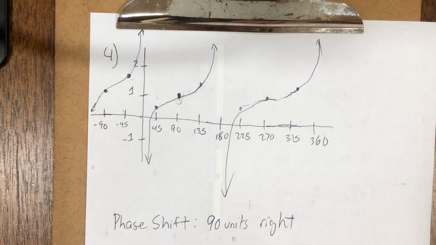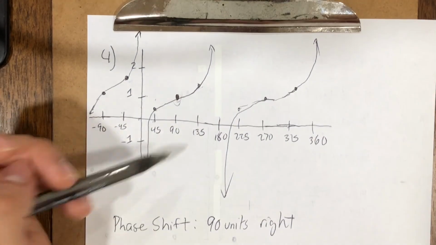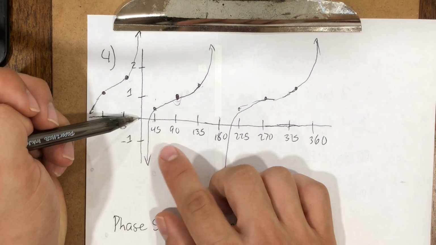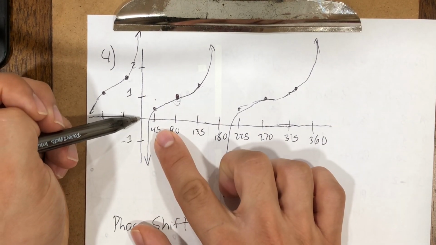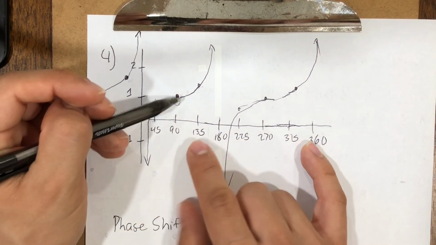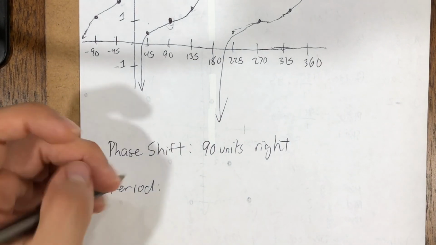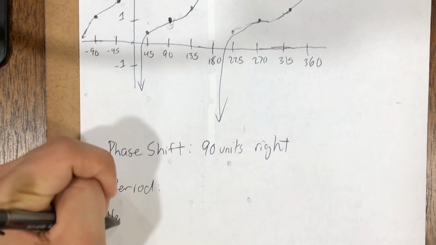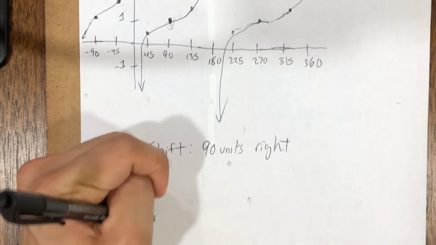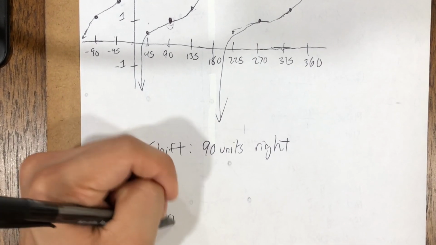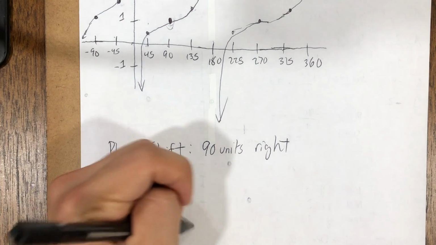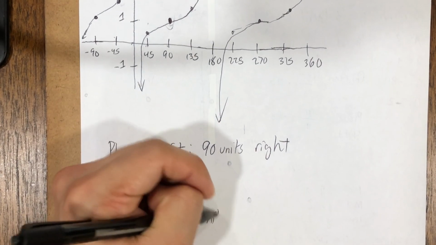And then if we wanted to look at the vertical shift for this one, we went from 0, 0 to 90, 1. So that means that the vertical shift would be 1 unit up.